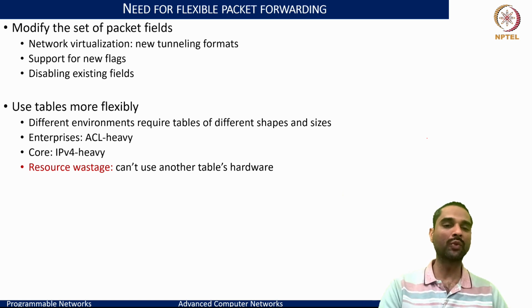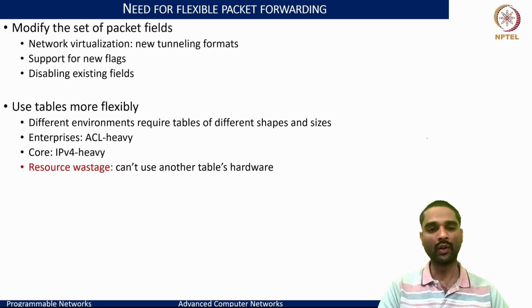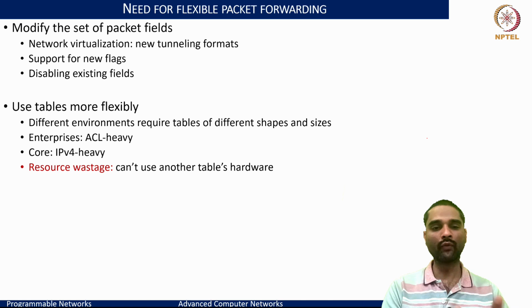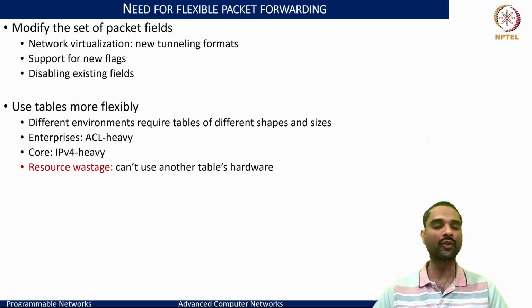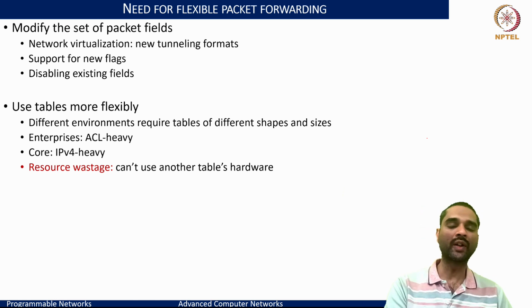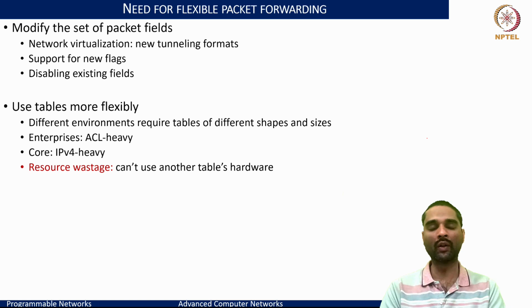Likewise, at the enterprise, we may not be using the layer 2 or layer 3 types, but looking primarily at the ACL rules. And if we want to increase the ACL rules at the cost of other headers and tables, we may not be able to. That means again we are wasting the table space that the hardware would otherwise have allocated for ACLs.